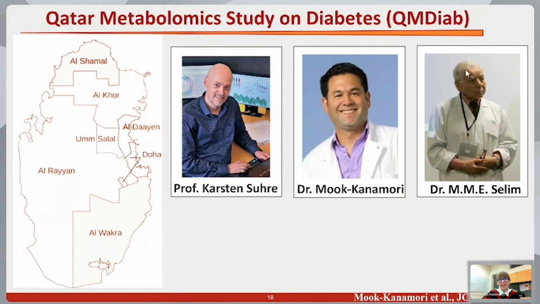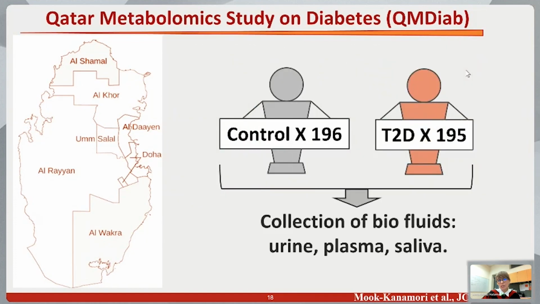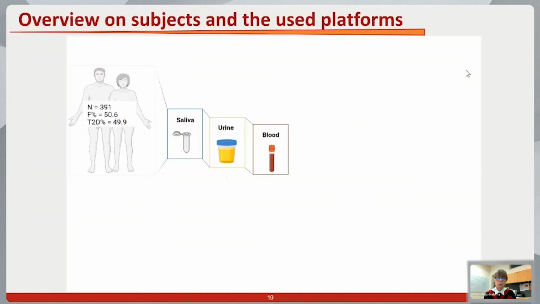In the framework of this study, we collected almost 200 controls and 200 type 2 diabetes patients, from which urine, plasma, and saliva were collected. Important here, and also important for whoever is interested in conducting multi-omics work, it's very good to aliquot your samples right away, because you are avoiding the problems of freeze-thaw cycles. So this is only a side note.